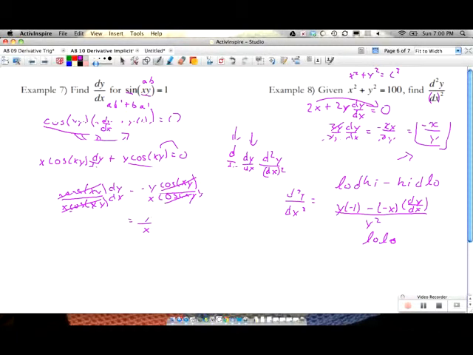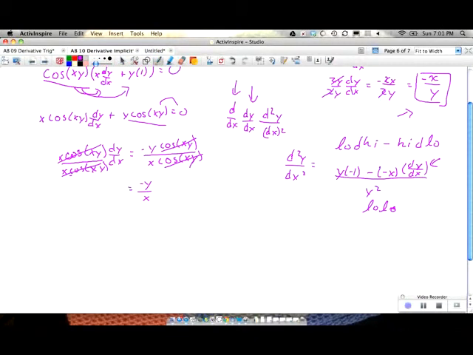Now the crazy thing is I have this dy/dx in the middle of my second derivative, but I know what dy/dx is. I have it right here. So I'm going to do a substitution. We're going to plug that in.